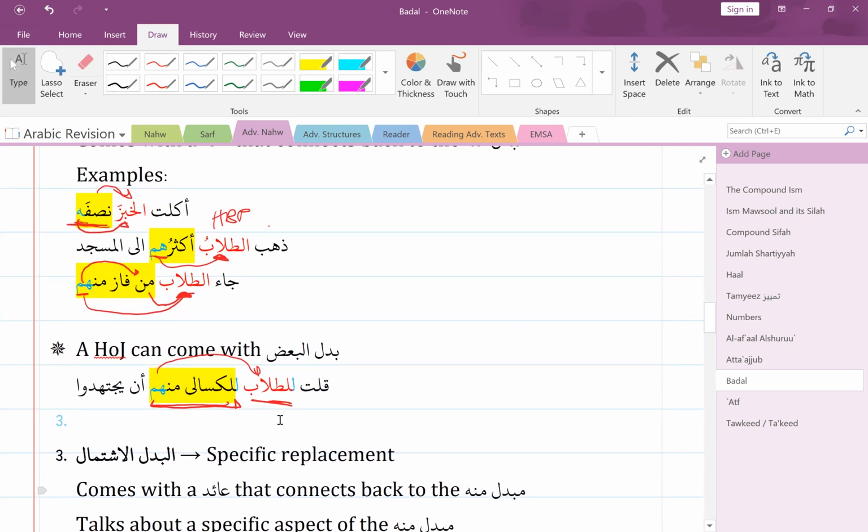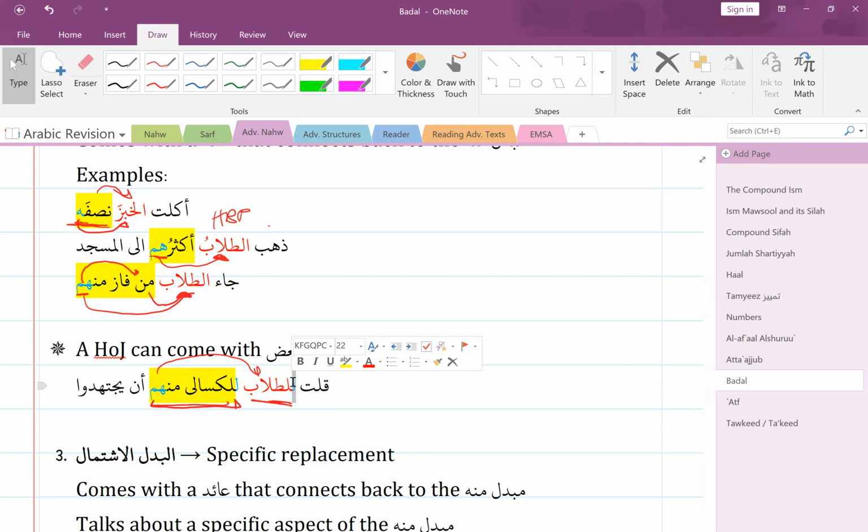Just one clarification. The lam before the tulab is the mutaddi biharf, right? Yes. Qultu lil tulab, right? Or can you look at it that way, the harf of jar? So متعدي بحرف, basically تعدية بحرف only comes with harf of jar.